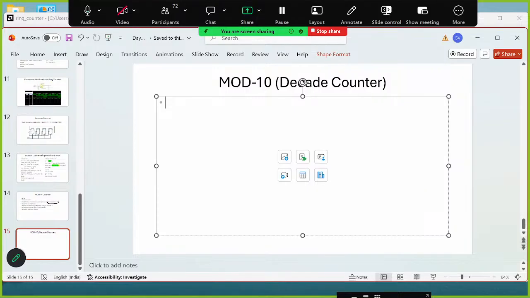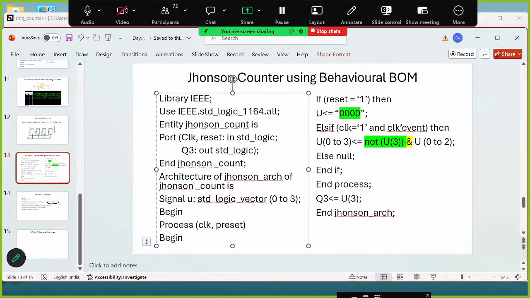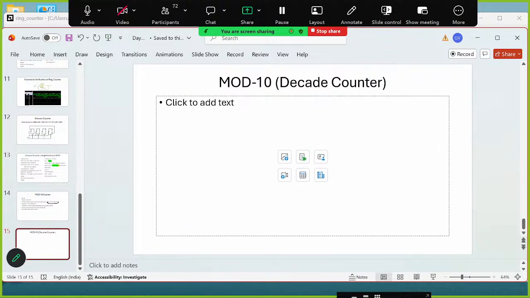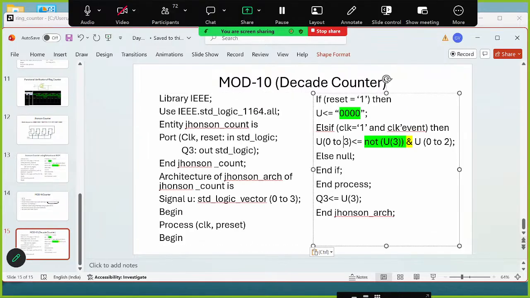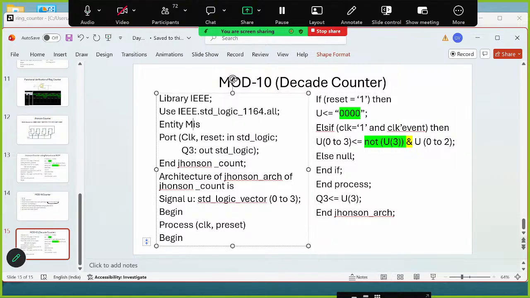Let's start writing the code over here using the simple approach, just as we did earlier. So let me copy this. Let's say I want to design a mode 10 counter. So I would write mode 10, simple.